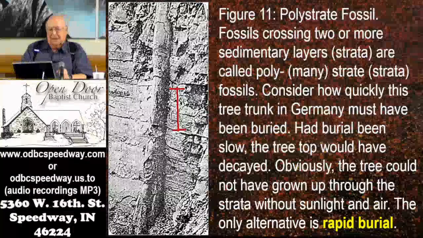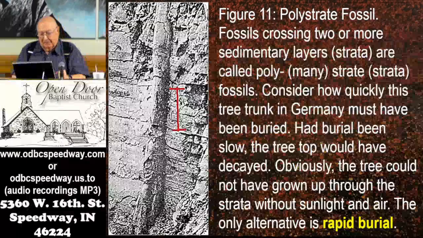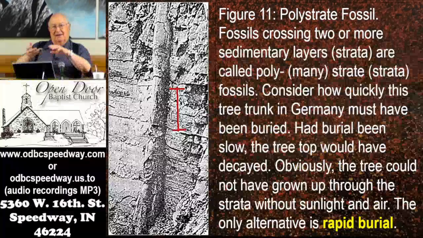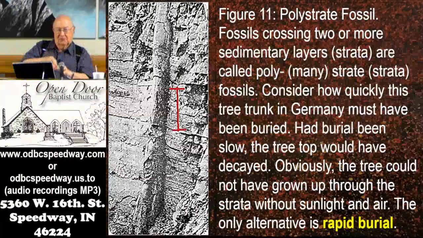But this was a tree that was buried right along with the strata. So consider how quickly this tree trunk in Germany must have been buried. Had burial been slow, if the tree was stuck in one layer and the rest of it over the next few thousand years, the tree would just rot and be done.